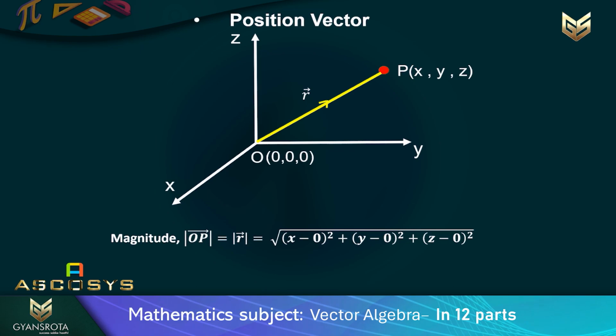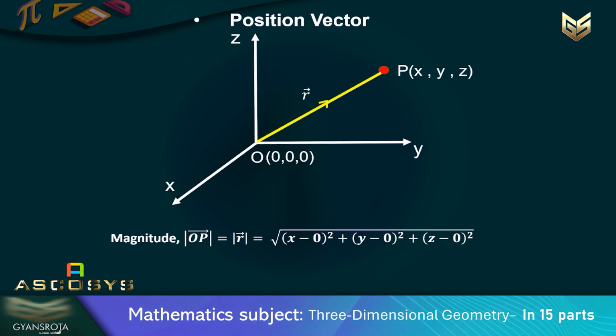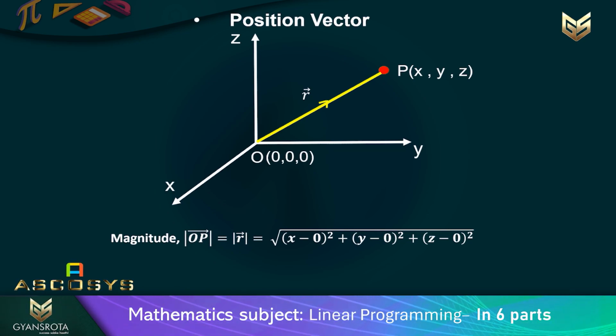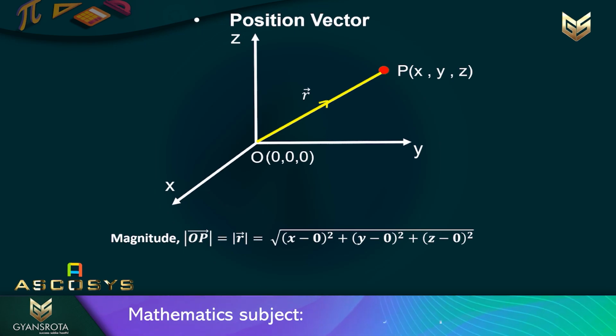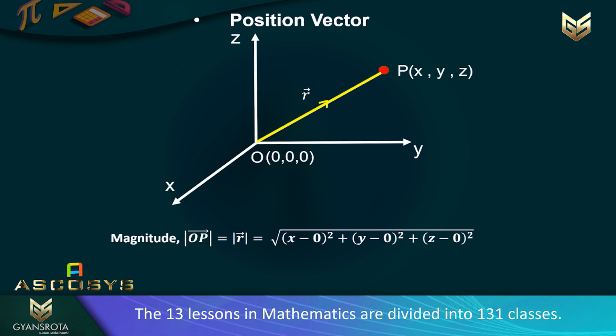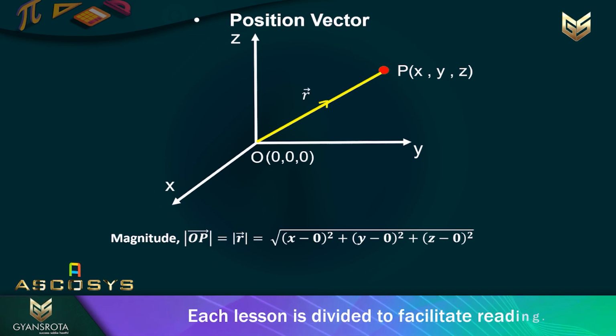So your magnitude will become root over (x minus 0) whole square plus (y minus 0) whole square plus (z minus 0) whole square. Now why did we mark 0, 0, 0? Because the first point is your origin, that means x1, y1, z1 is your 0, 0, 0.